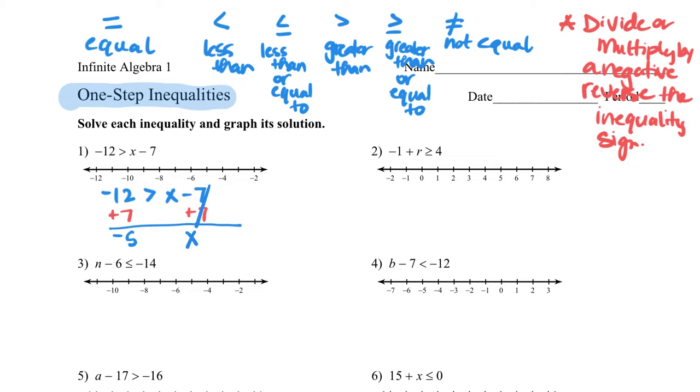As long as I'm not multiplying or dividing by a negative, my inequality sign stays the same. I always read it from where the variable is. So I would be thinking of this as x is less than negative 5. But I like to have the variable on the left. So I'm going to rewrite this, but I have to be careful because I don't have an equality.